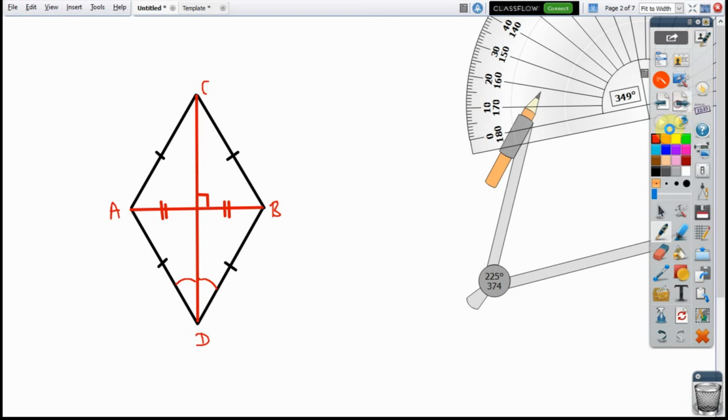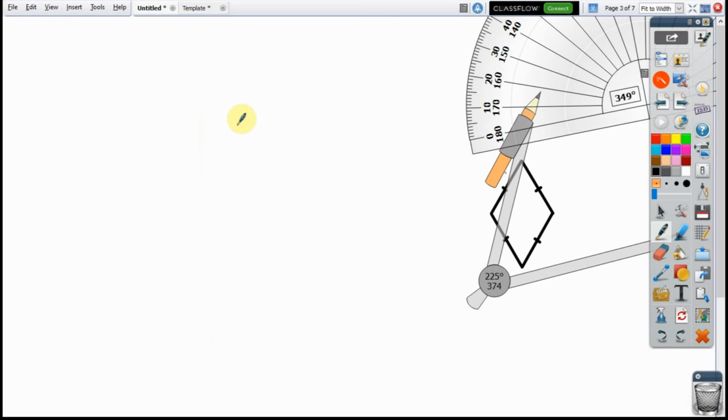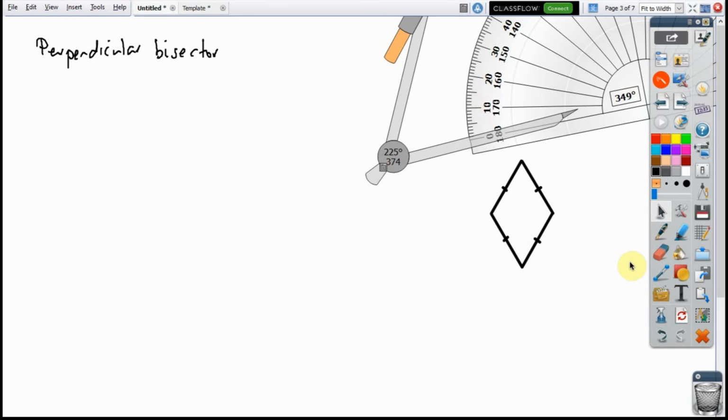So first of all, we're going to look at how to construct what is called a perpendicular bisector. Now, let's understand what that actually means.